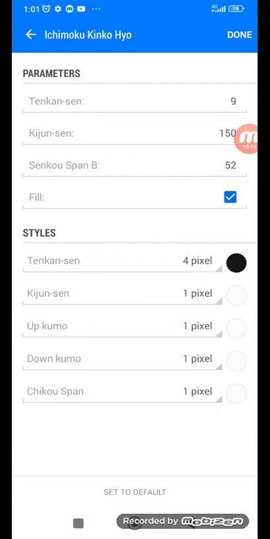You only give 4 pixels to Tenkan-sen with black color. The rest you just have as white, because my background is white. If your background is black, you can make this one black, and the other side white. That is Ichimoku.